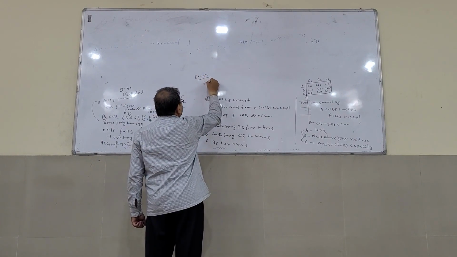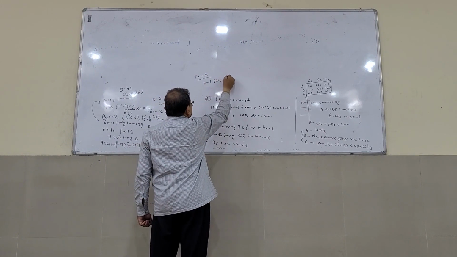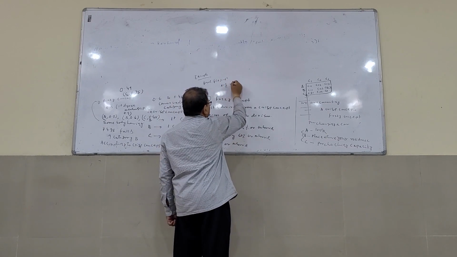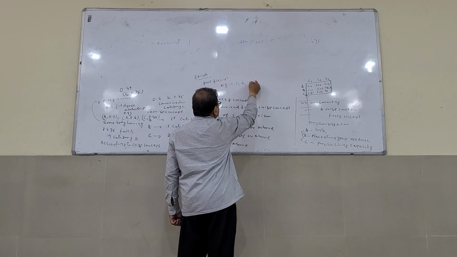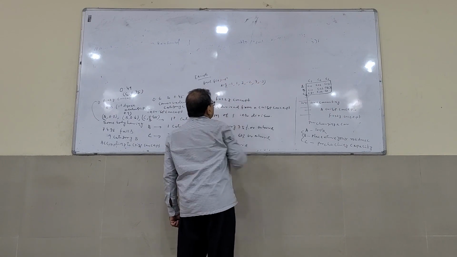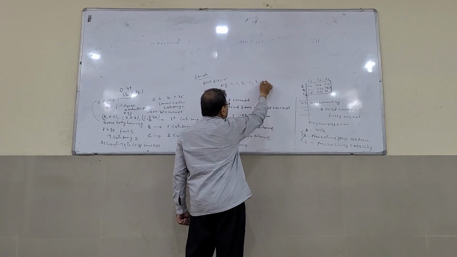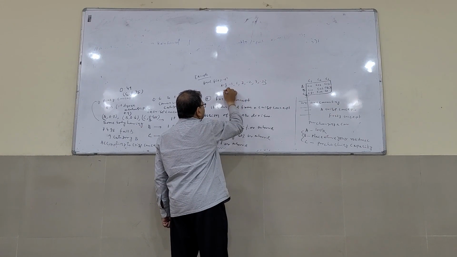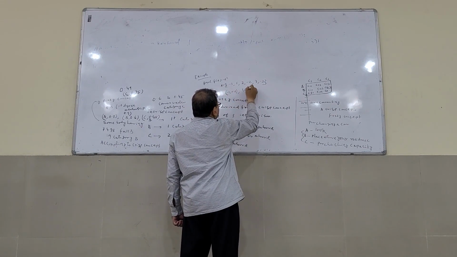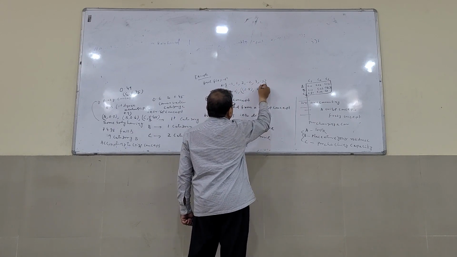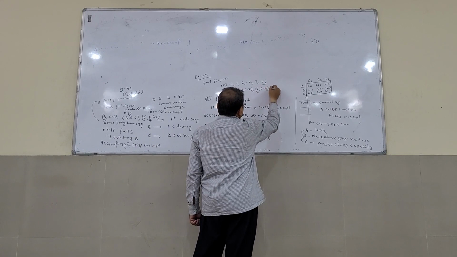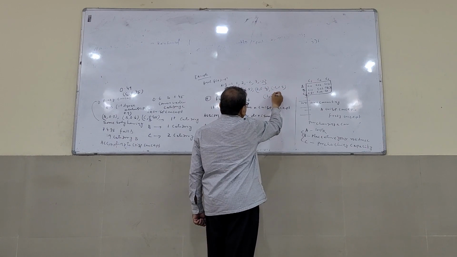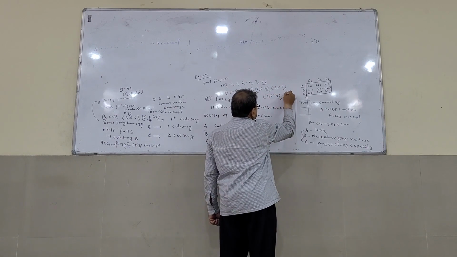For example, find f(x) equal to x square. So x values are -1, 1, 2, -2, 3, -3. Suppose the system is like that. Correspondingly, the membership values are -1, 0.2, 1, 0.5, 2, 0.2, -2, 0.3, 3, -3.